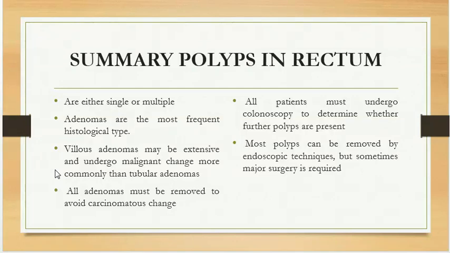All adenomas must be removed to avoid carcinomatous change, and because adenoma to carcinoma change is a definite pattern for invasive cancers of the rectum. All patients must undergo endocolonoscopy to determine whether further polyps are present more proximally. Most polyps can be removed by endoscopic technique, but sometimes major surgery is required in these patients.